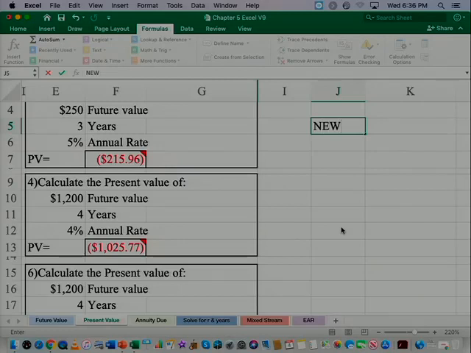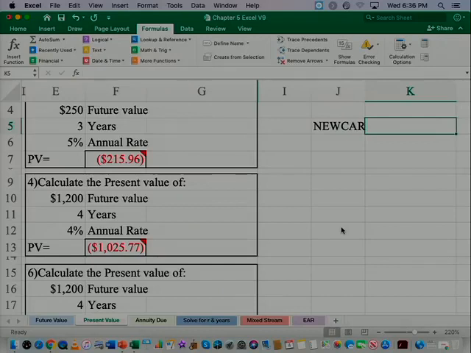Since our simulation is on cars, we'll continue with that topic. How much does a new car cost? What type of new car would you want to have? Go on the internet, type in new Jeep, and see how much that costs. $42,000. Perfect. So you already have it.